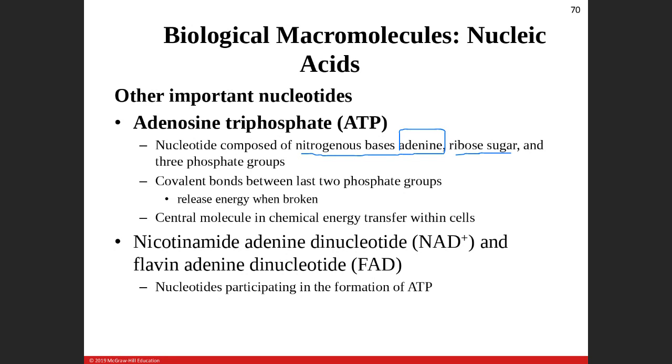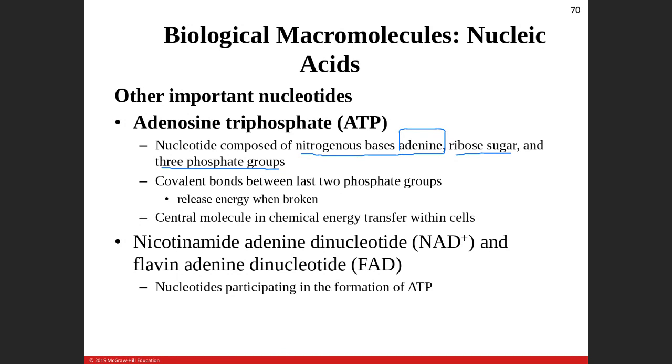But most importantly is this concept here. You have 3 phosphate groups attached to your adenosine, which is that 5-carbon sugar there and that nitrogenous base.